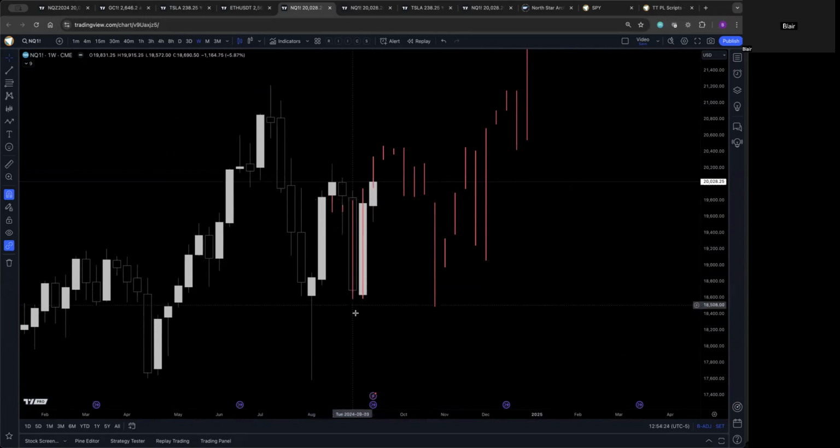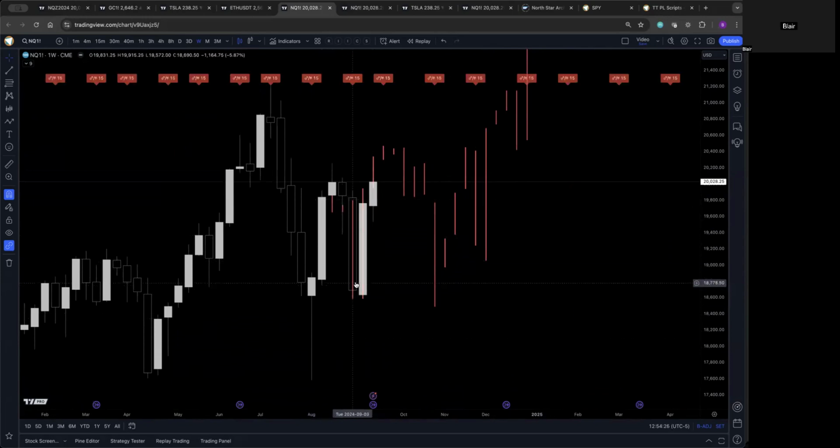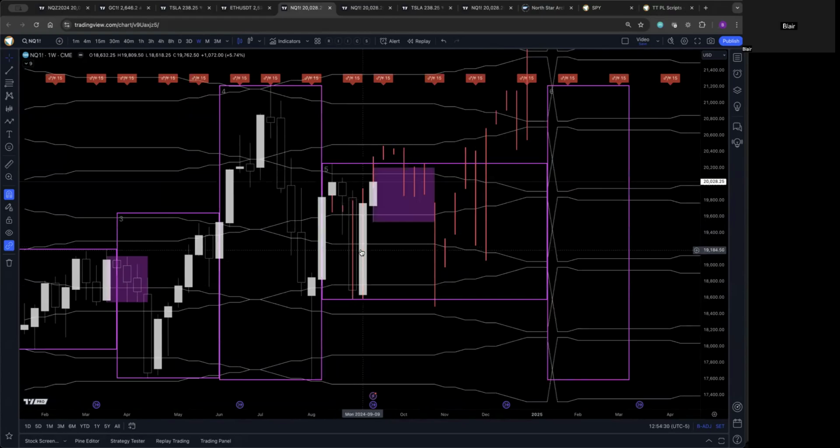So this Mars interval analog captured the down week last week. It captured the up week for the last 2 weeks. Sorry, the down week was 2 weeks ago. Last 2 weeks have been up.